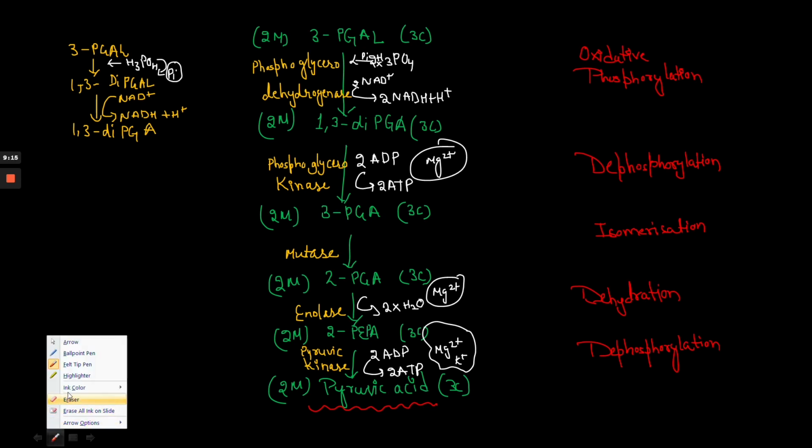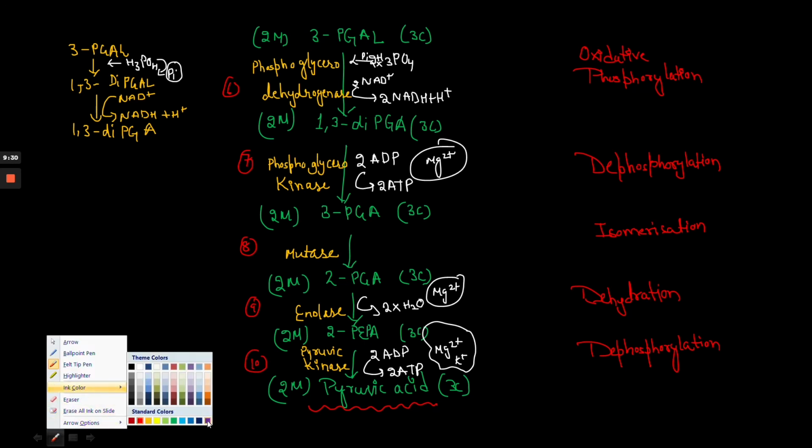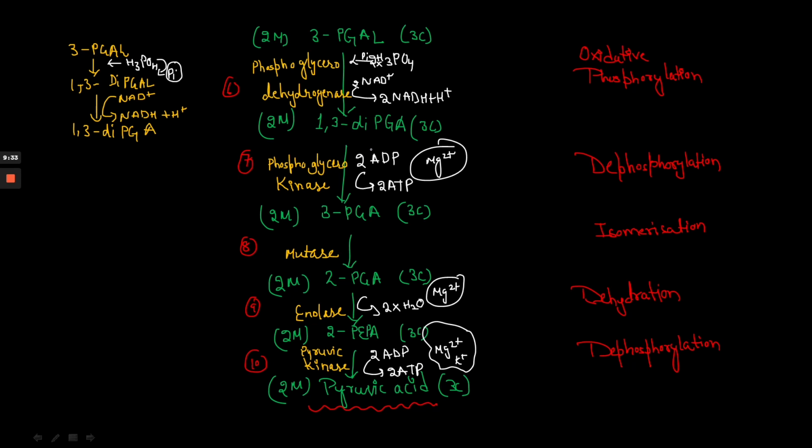So in this phase of glycolysis, the 6th step, 7th step, 8th step, 9th step and 10th step, since energy is being produced here, this phase is known as the energy generation phase, or simply the payoff phase. Okay, so this was all about glycolysis.